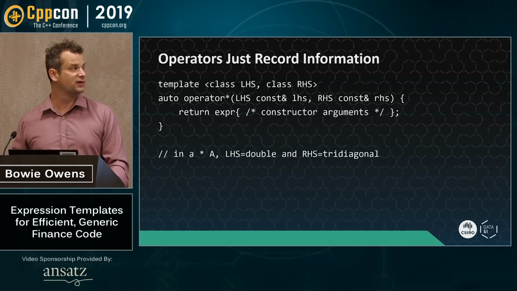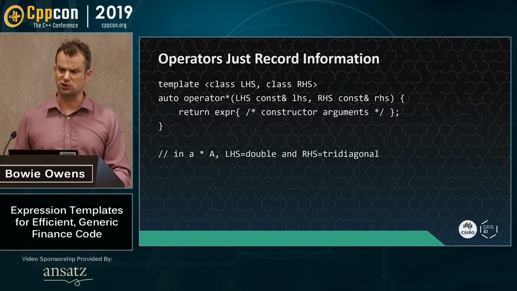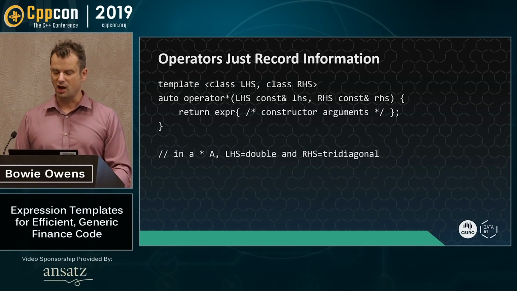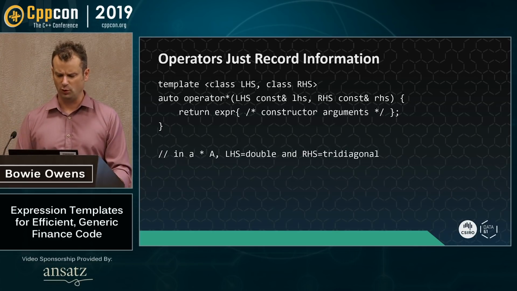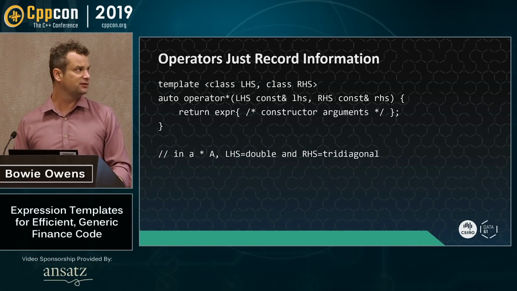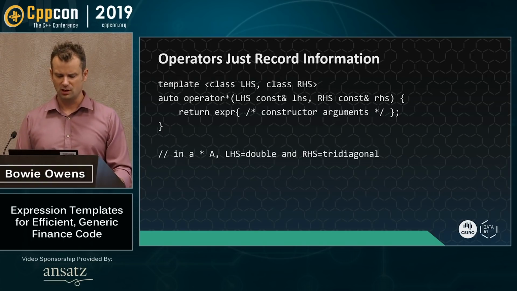Okay. Once we have the ability to construct our expression objects, our operators, operator functions, do nothing but call the appropriate constructor. Note that I handle scalar types like double and matrix types uniformly at this point, so that we only have to define one multiplication operator function.